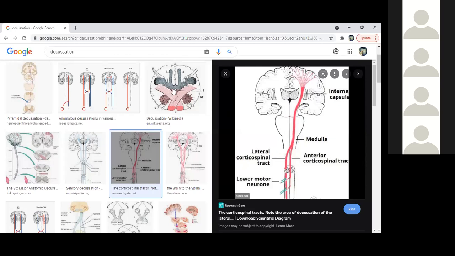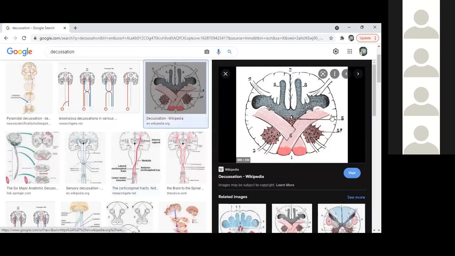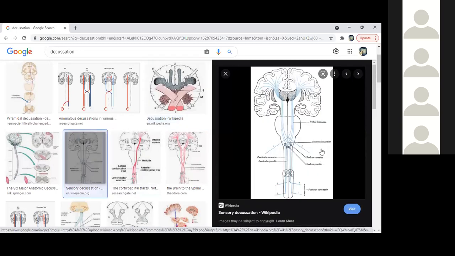So that's one picture. There's also another picture that you can see here. Fibers come and they cross. Fibers come and they cross. This is what we call decussation. Let's look at the last picture. You can see here clearly how beautiful it is. It comes down here and then it crosses to the side. Then there's this which comes here and then it crosses.